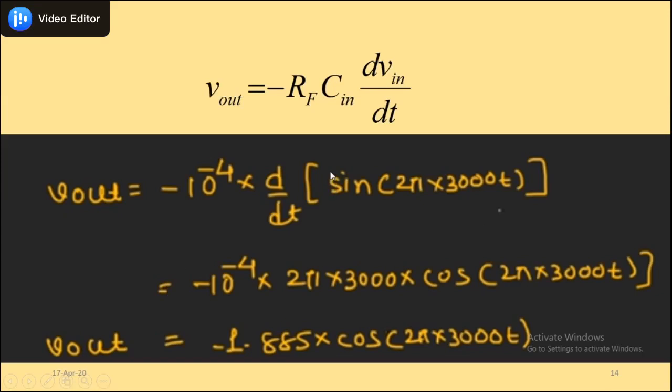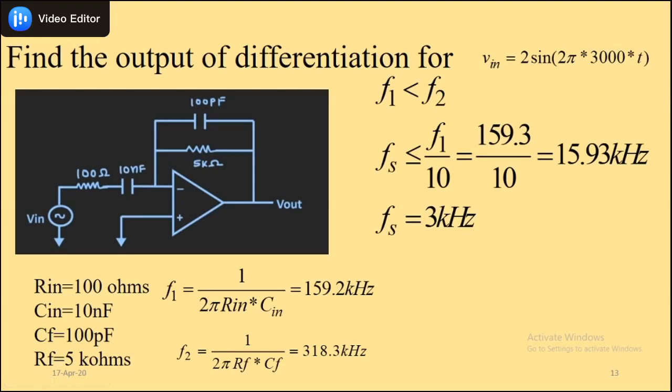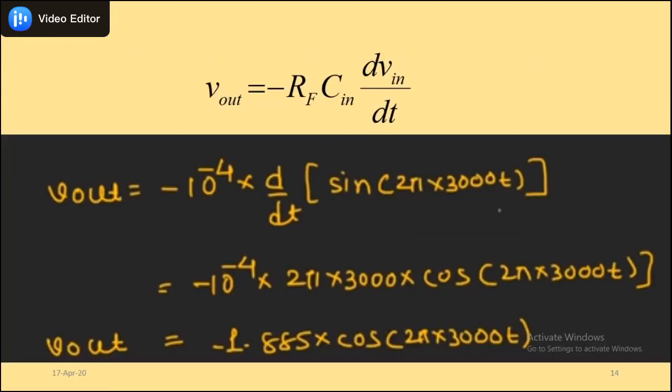For the final output, we use the formula derived in the second or third slide: Vout is equal to minus Rf Cin dVin by dt. Rf is 5 kilo ohms, Cin is 100 nanofarad, and Vin is given. When you put these values in, you will see Vout is equal to minus 1.885 cos 2 pi 3000 t.